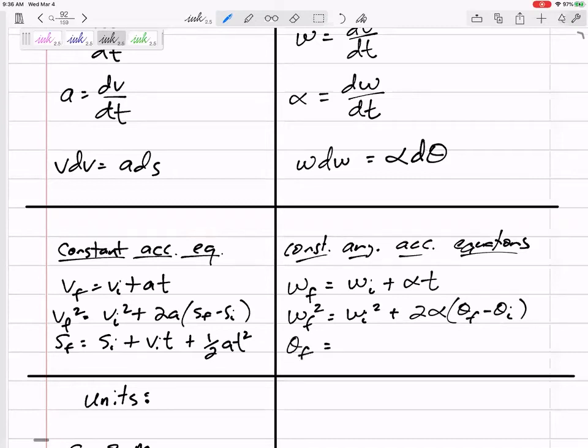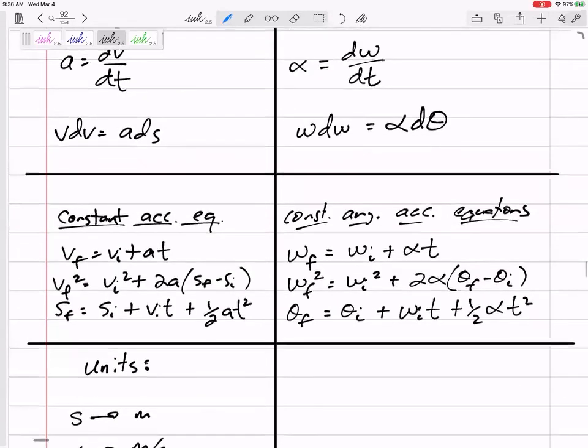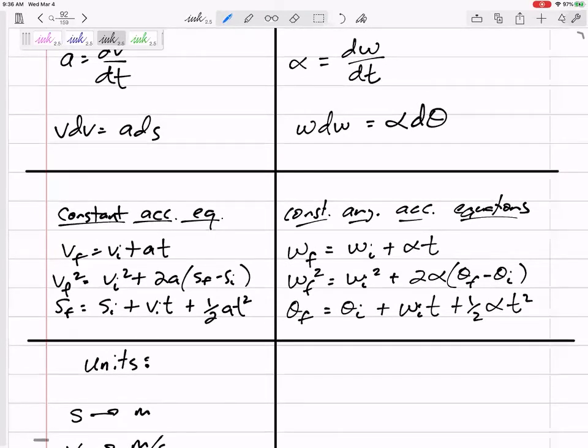And theta final equals theta initial plus omega initial t plus 1/2 alpha t squared. And so we're going to still be doing derivatives. We'll still be doing integrals. And if you're lucky, maybe it's a constant angular acceleration, and you can use constant angular acceleration equations.